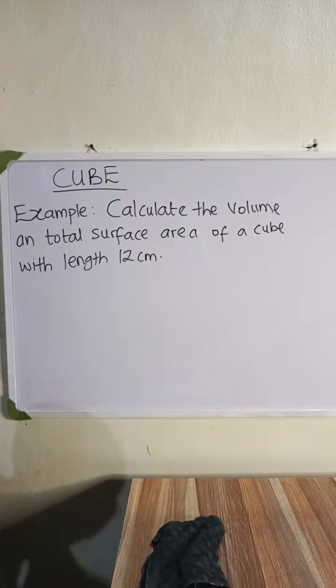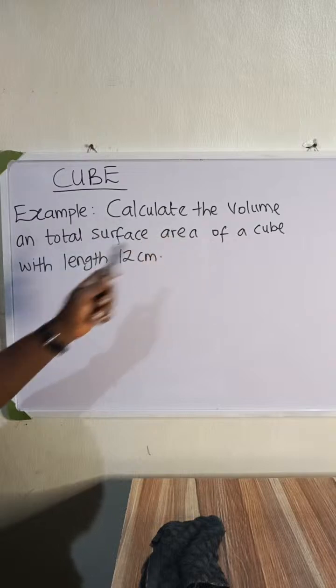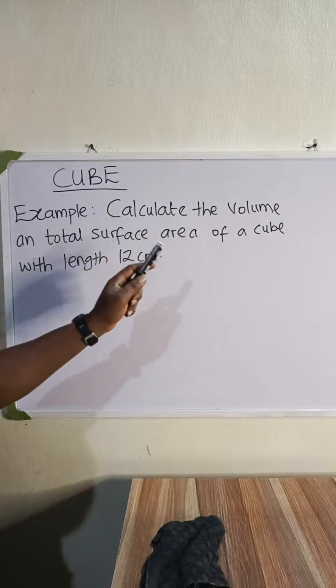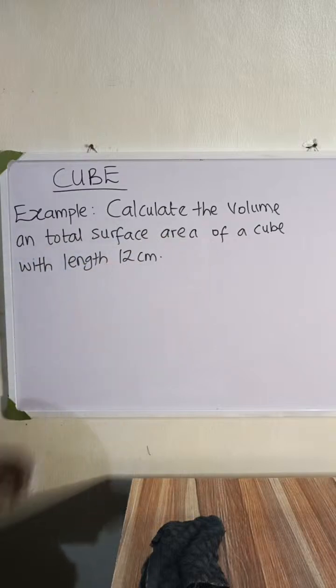So we're expected to calculate the volume and total surface area of a cube with length 12 centimeters.